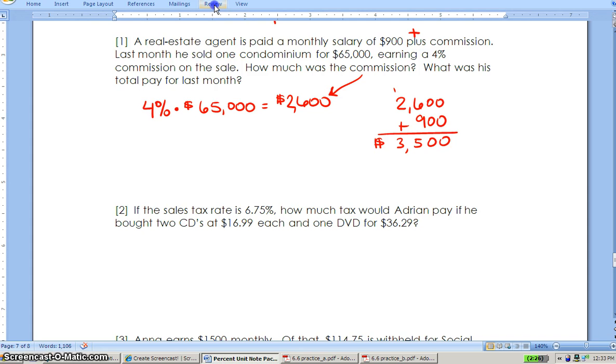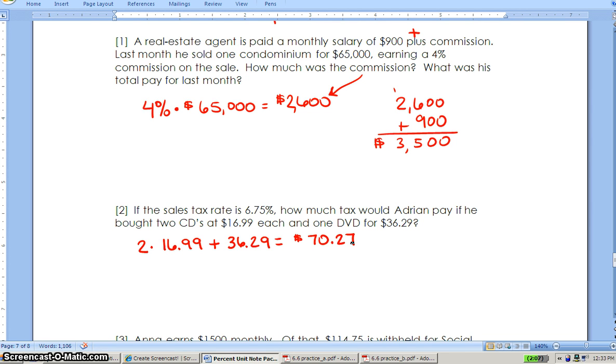So what we need to do is 2 times $16.99 plus the $36.29 for the DVD. And so if we add that all together, I'm doing the $16.99 times 2, and then I'm adding the $36.29. We get total spent of $70.27.